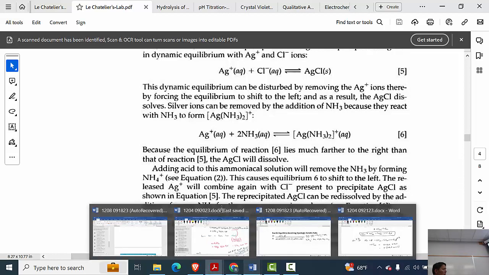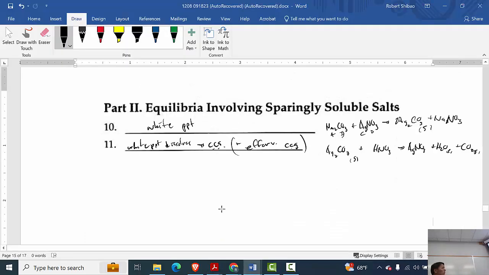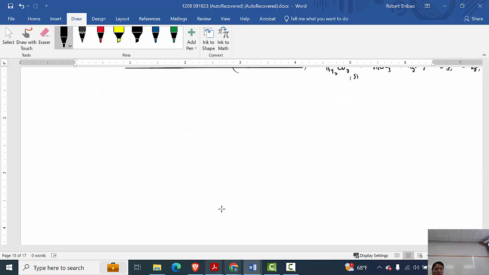And so when you added HCl to that solution, did you see a precipitate form? For number 12.